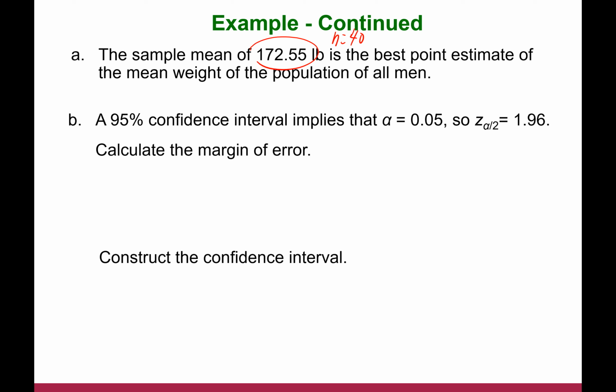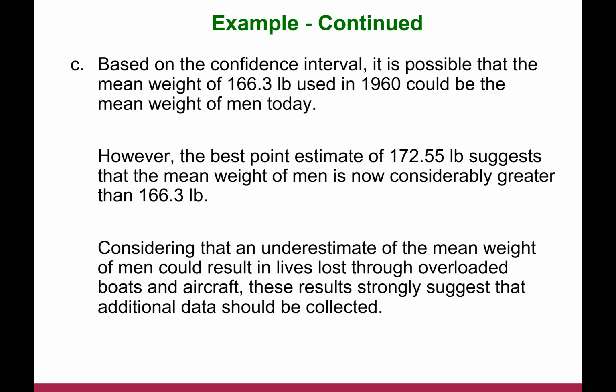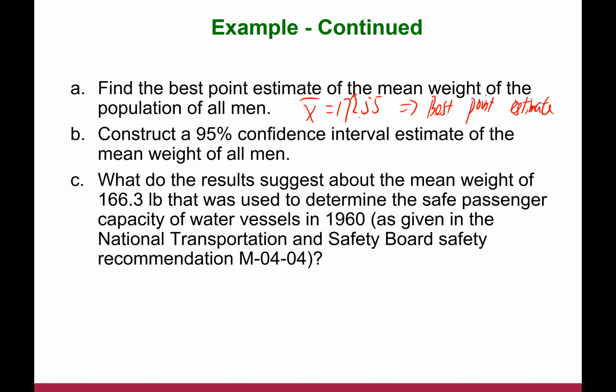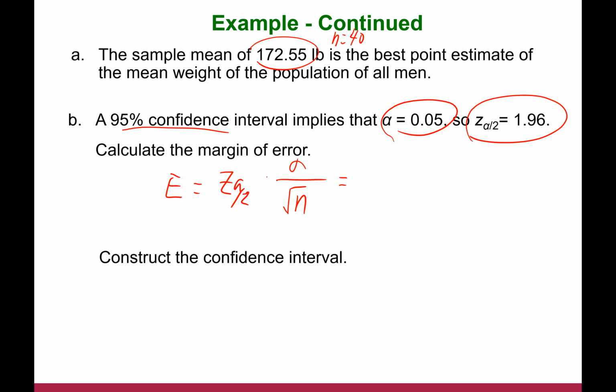Now, a 95% confidence interval implies alpha equals 0.05, and the critical z-score from Table A-2 equals 1.96. Now calculate the margin of error: critical z-score times population standard deviation over square root of sample size. Population standard deviation sigma equals 26 pounds, and sample size equals 40.